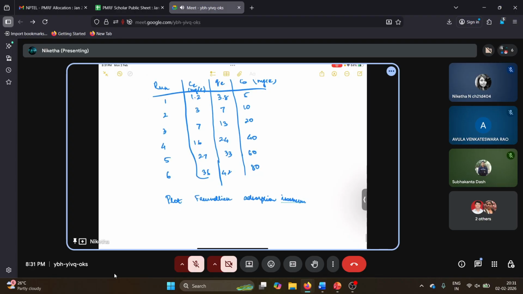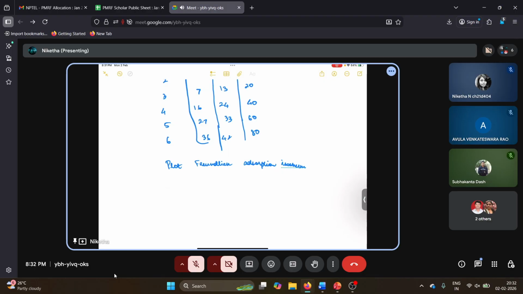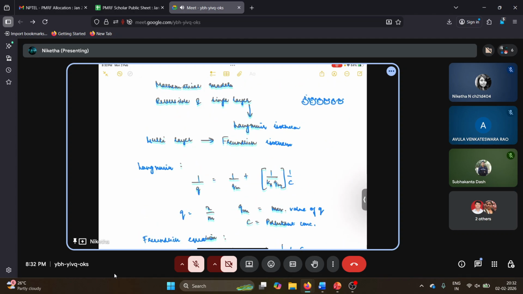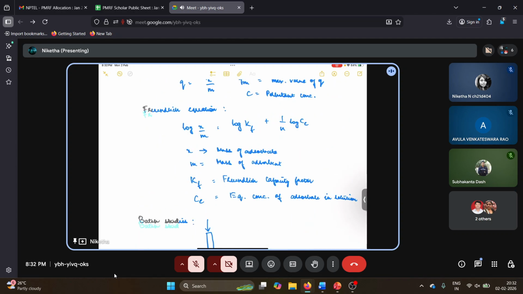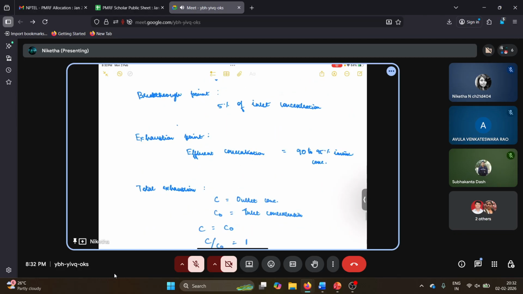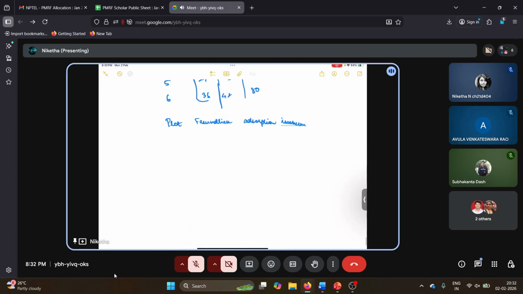So how will you do it? What is required here? This is the Freundlich adsorption isotherm. I'll write it down again: log x by m equals log Kf plus 1 by n log Ce.